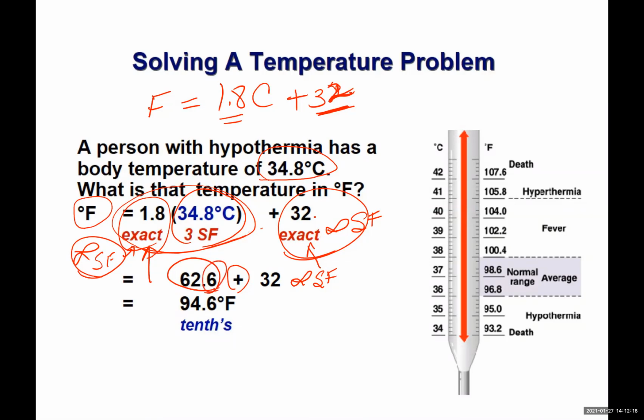So I have 1 decimal place and an infinite number of decimal places. You're adding them together. We are not multiplying or dividing, we're adding. In addition, we say the number of decimal places must be minimum. So 1 decimal place, infinite decimal places for exact numbers. Between infinite and 1, 1 is the smaller one. So the answer must be rounded to have 1 decimal place. I hope this makes sense to you.